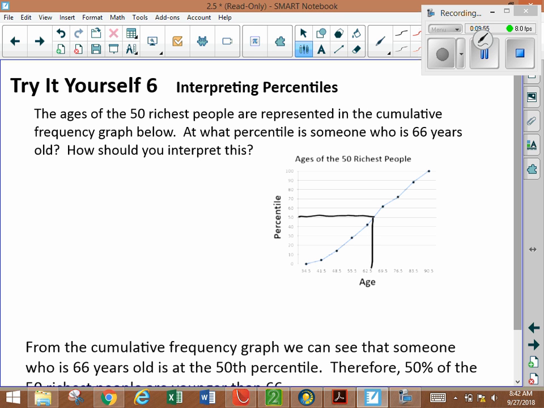So how do you interpret that? What does that mean if they're at the 50th percentile? Someone who is 66 is at the 50th percentile.